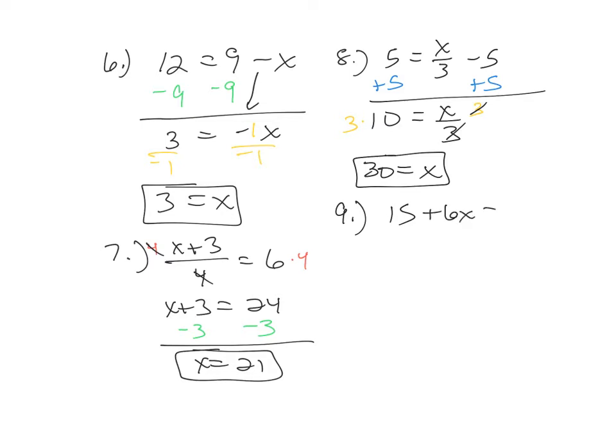Alright, number 9. Start to do some with variables on both sides. So since there's only an x on the right, that means I need to move the x's that direction. I would not want to move the 9x over.